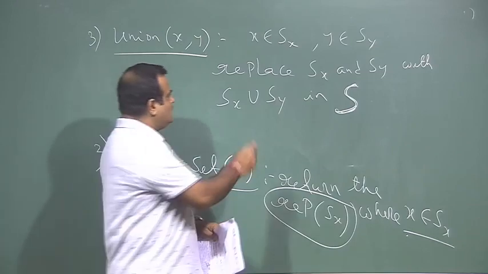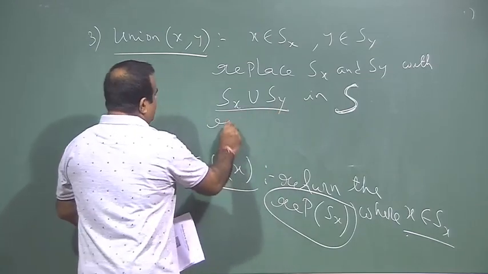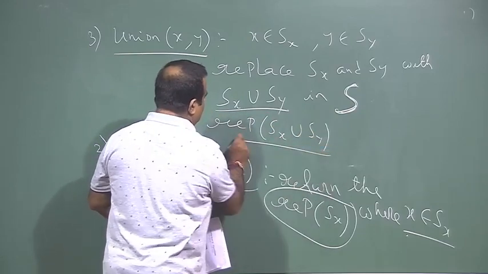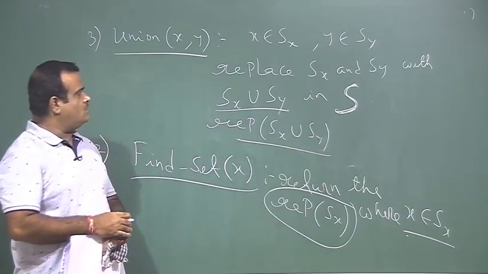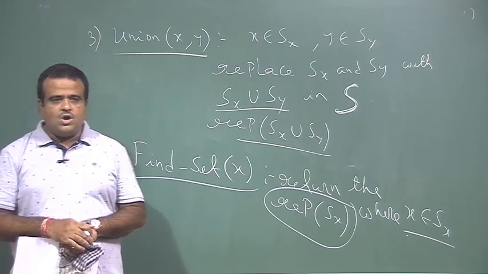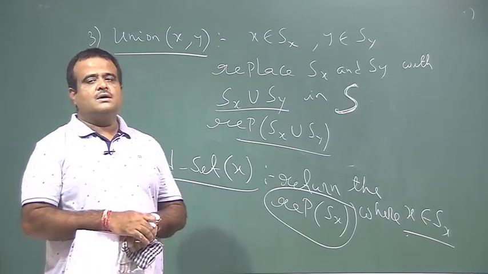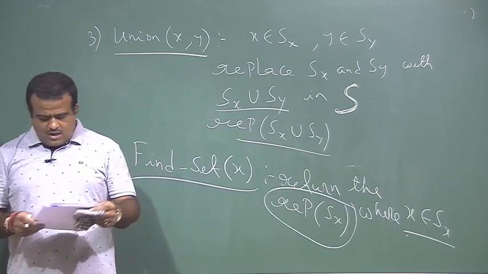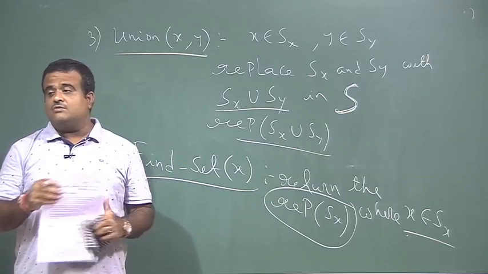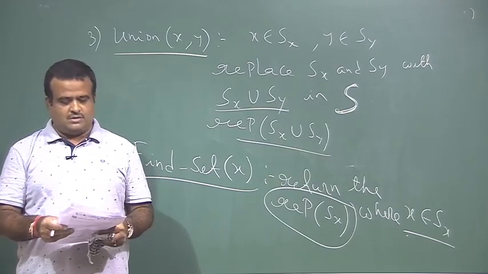Once we replace this, then we have to find the representative element of the union. So we have to take care of this in the union operation. We need to decide what will be the representative of this new set, which is the union of these two sets.